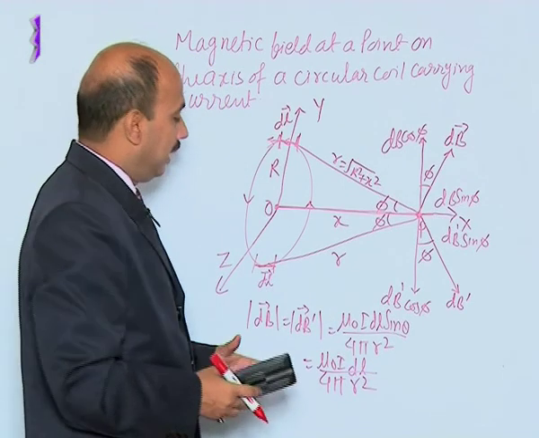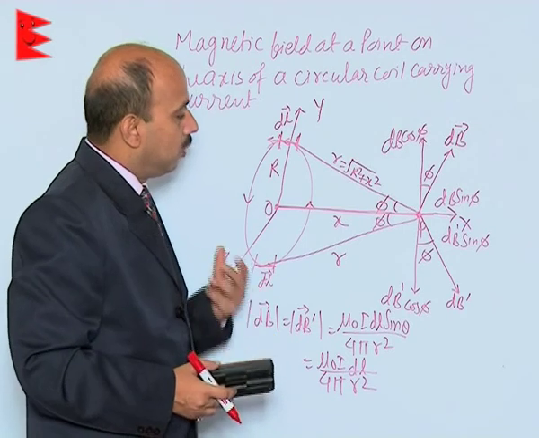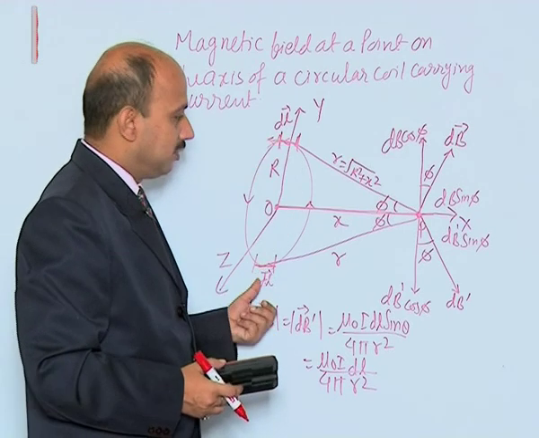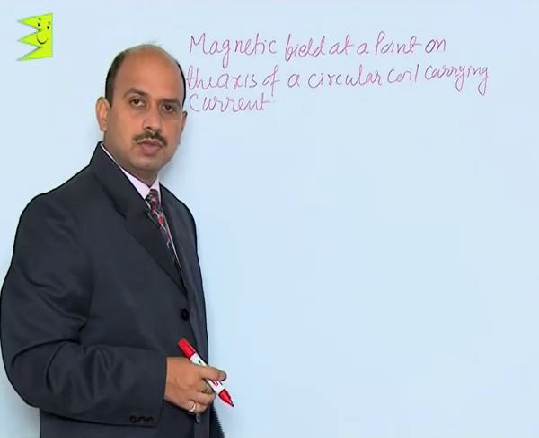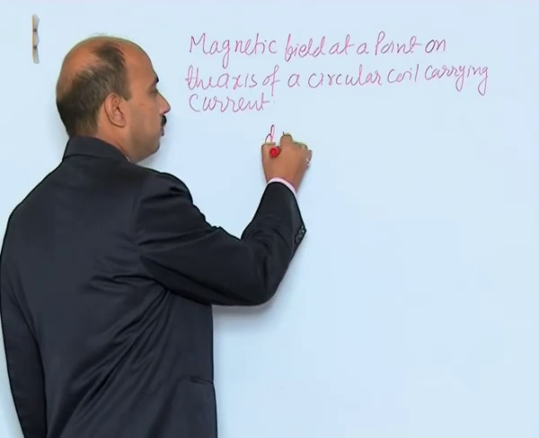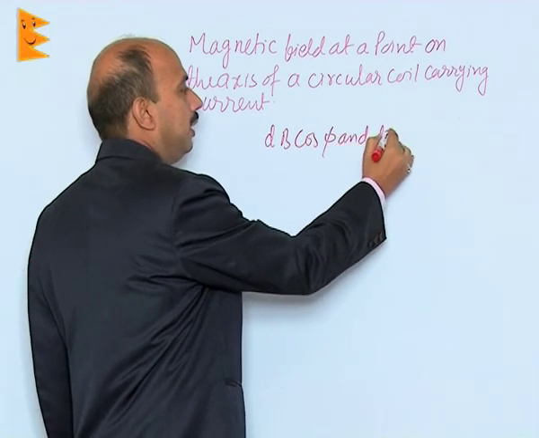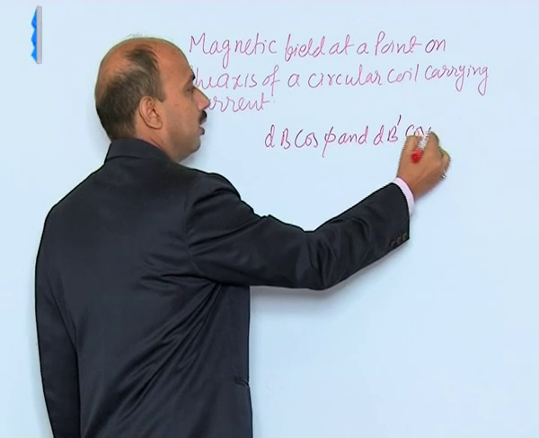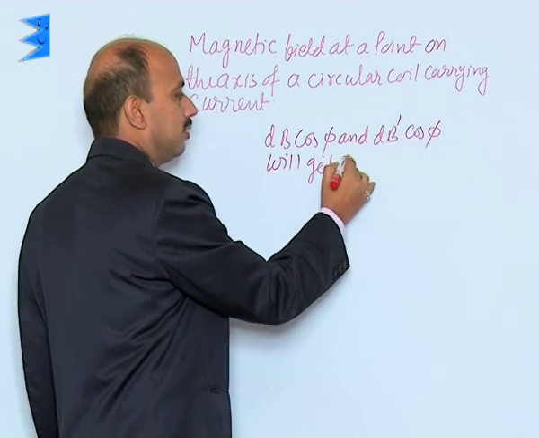This is the magnetic field due to a small element at this point, and this magnetic field is equal because of this dl and this dl, that means dB and dB dash will be equal. So see here, dB cos phi and dB dash cos phi will cancel each other.